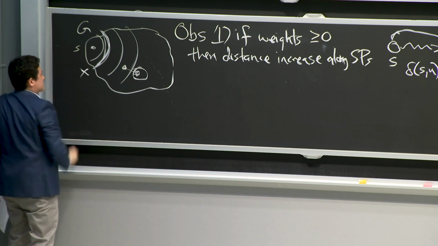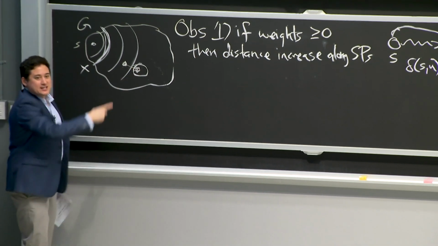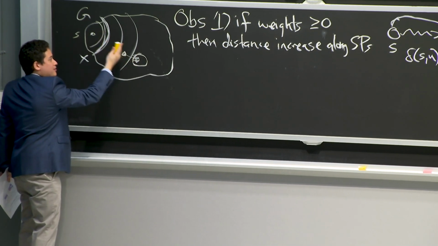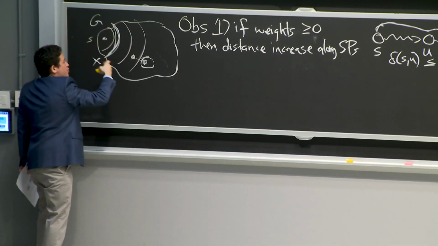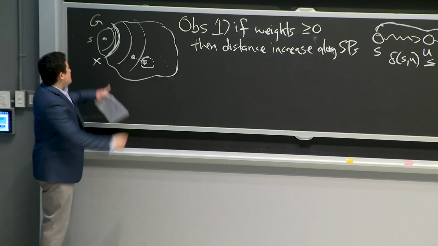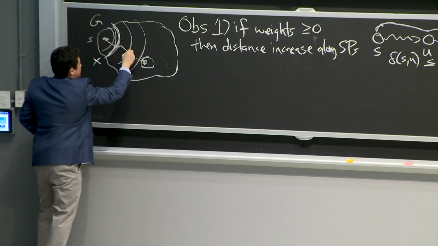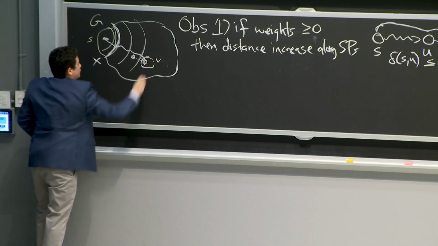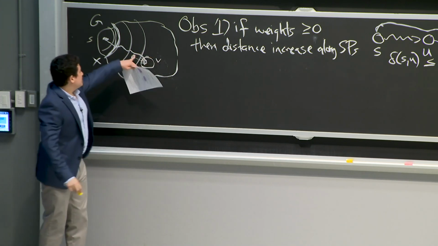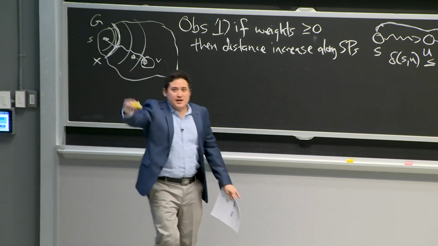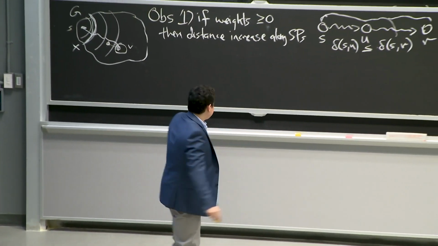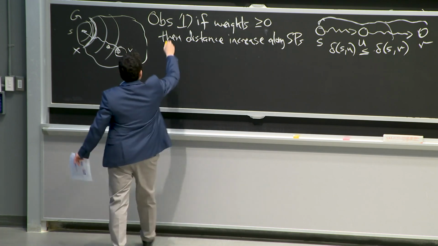Maybe if this distance is x, this guy could be within x. The things that are within distance x of S might not be all contained. There could be a path from here to this other vertex with distance x that doesn't have this property, because I could decrease in distance along the path. Okay, so that's the first observation.